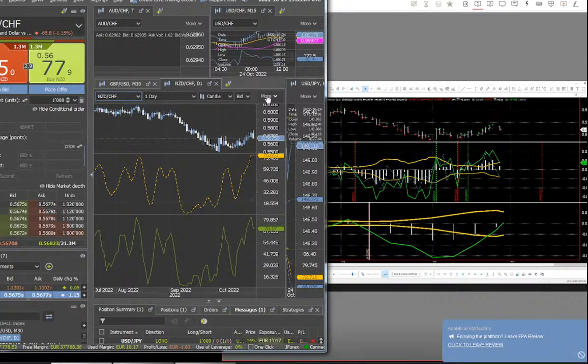If you're a money manager running these currencies for weeks and months, that's a different strategy altogether. If you're an intraday trader, a daily trader, or a couple-day trader, then you have to adjust to the amount of money you're using and the strategy.